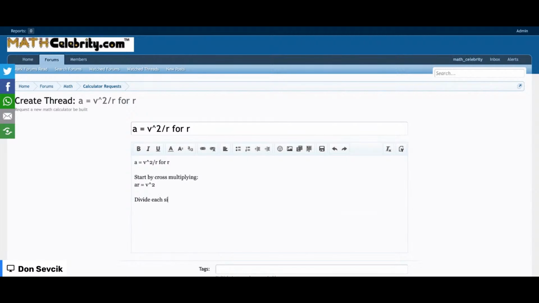Divide each side of the equation by A to isolate R. AR over A equals V squared over A. Cancel the A's on the left side, and we get R equals V squared divided by A.